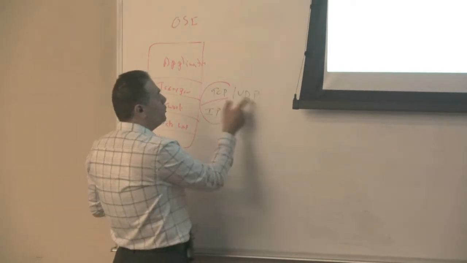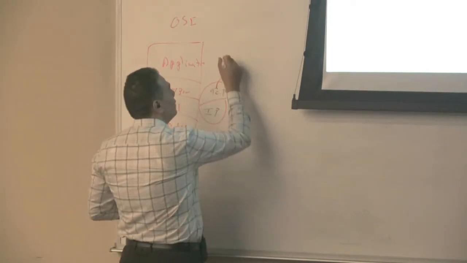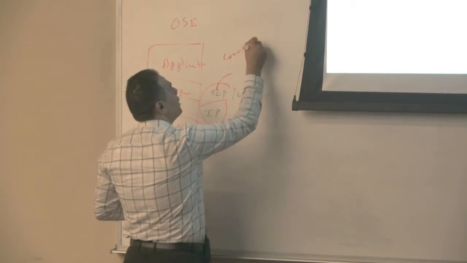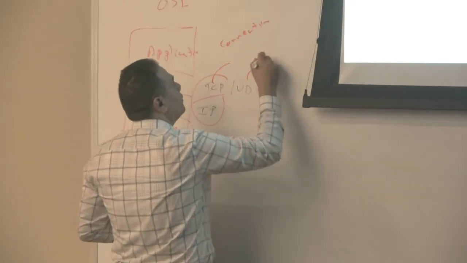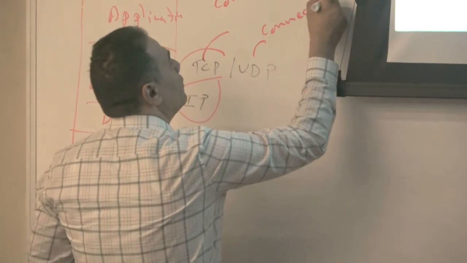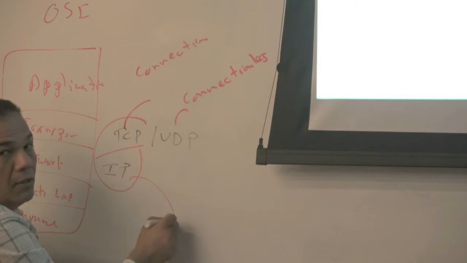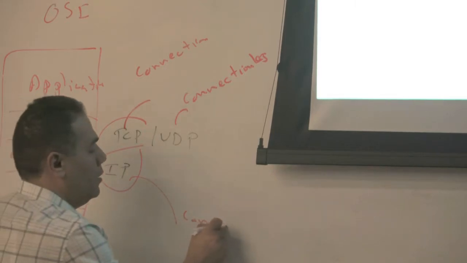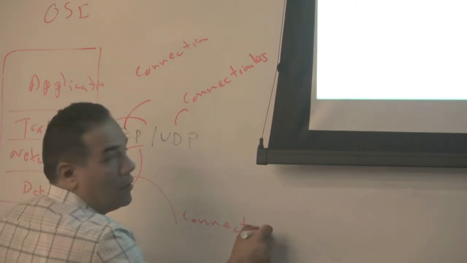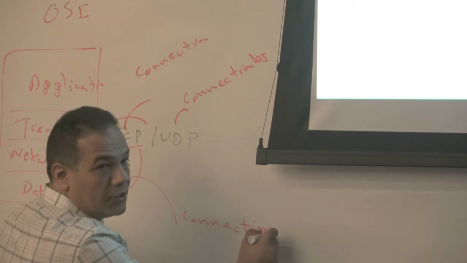What is the difference between TCP and UDP? This is connection-oriented, right? And this is connectionless, right? How about IP? Connection or connectionless?